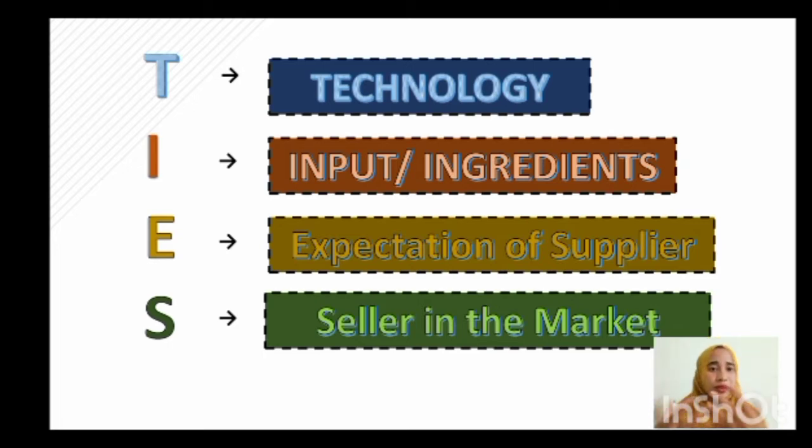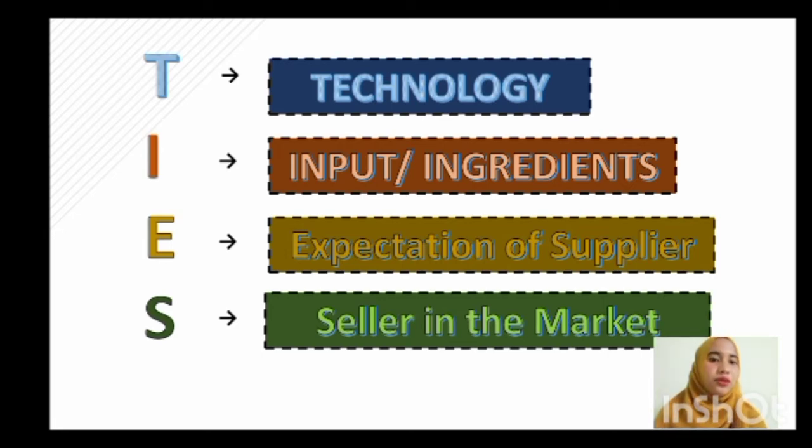And the third one, we have the expectation of the supplier. We will talk about that later. It is the expectation of the supplier on what he or she will do to the price of the supply today and in the future.